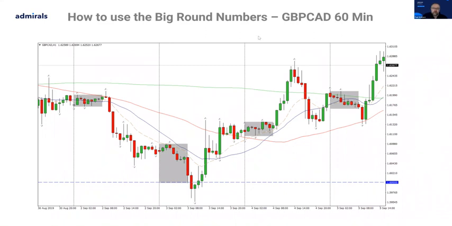Also, just looking at it at a slightly later time, in terms of the 60-minute chart. What we can see here is that price was collapsing there until it hit the 160 level. Okay, remember I was talking big round numbers. So also the base of the Asian session, price breaks out of it.